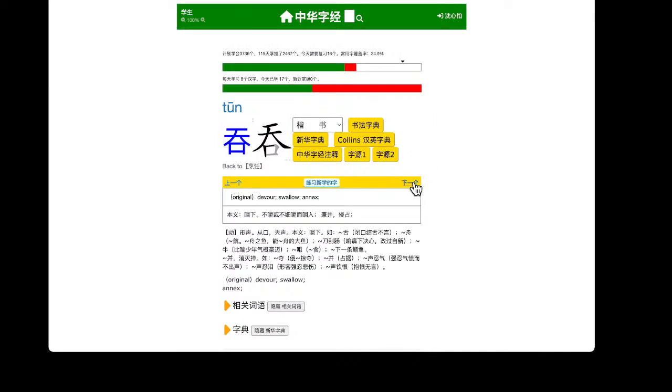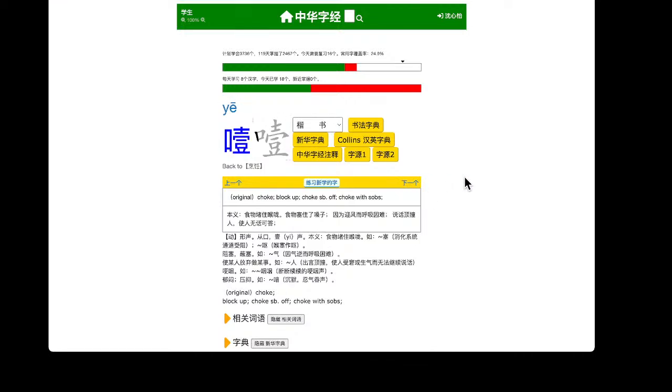吞. Now next one. 噎. 噎 means choke. That means something that is stuck in your throat, and you can't get it out, and you can't swallow it down either. It just gets stuck in the middle. So that's called a choke, okay, blocked up. And also, now it's extended to mean choke somebody off.